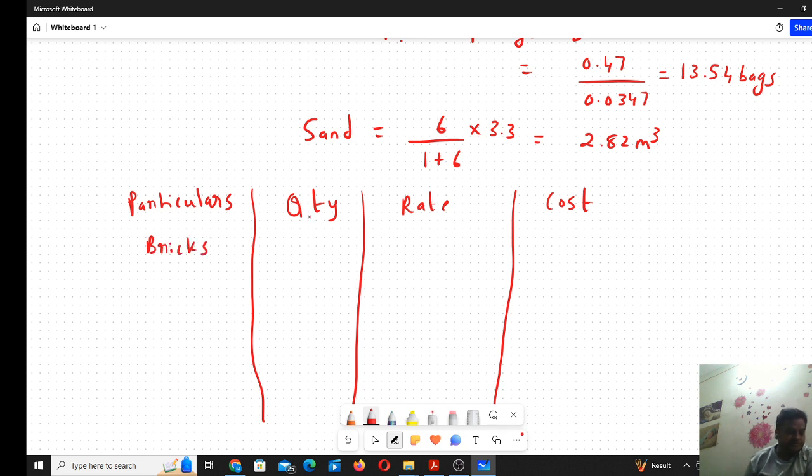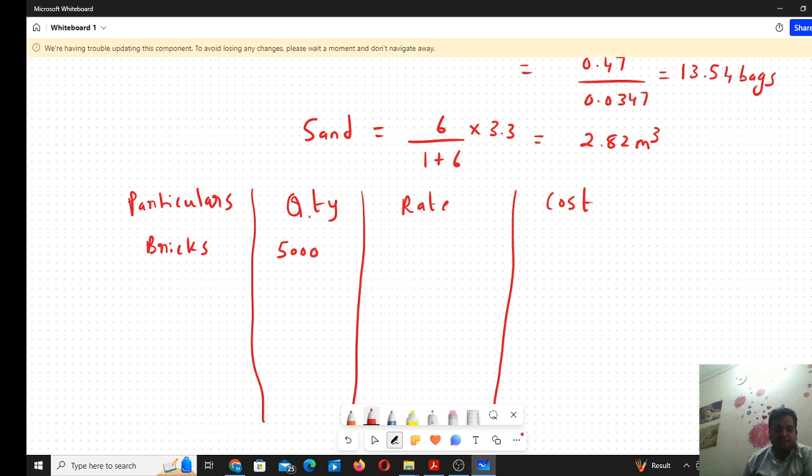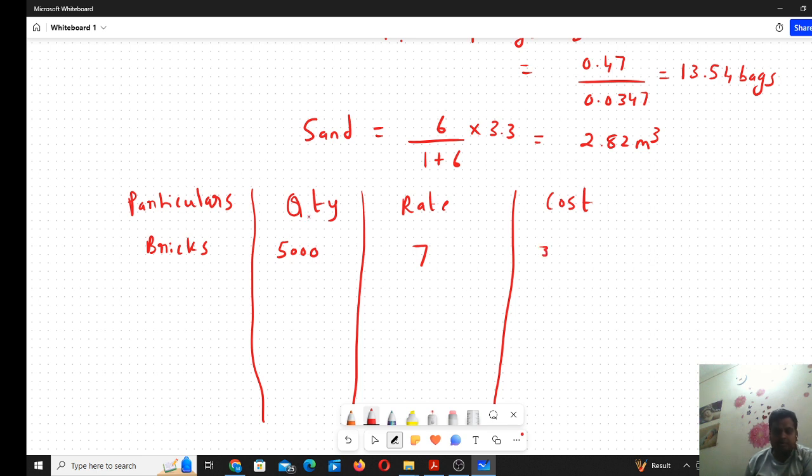Now bricks, how many do we require? 5000. Generally the rate is, suppose, 7 rupees. So this comes out to be 35,000. After bricks we require cement. As it is 13.54, I am considering it as 14. Approximately 380 rupees if I am considering, and this comes out to be 5320.